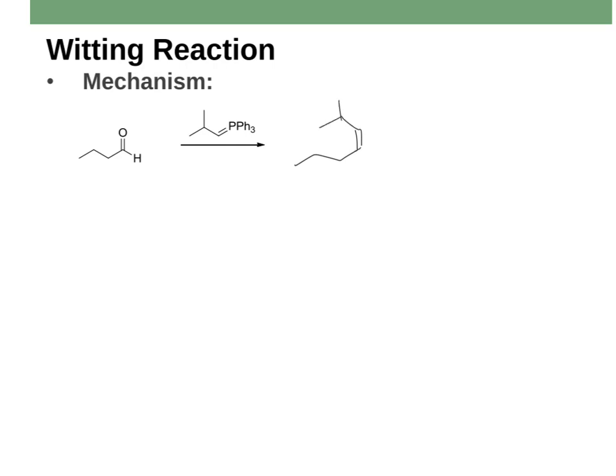Now, I did mention it earlier, just keep in mind that if I was asking what product I should get here, I see that this is an unstabilized ylide, because there's no electron-withdrawing group on that molecule that's pulling electrons out and stabilizing it through delocalization. So when I draw my product, I know that I'm going to be going for the Z alkene.